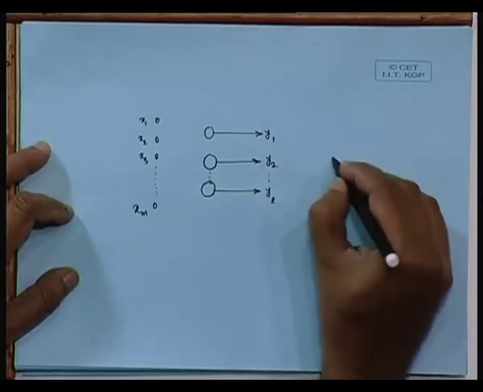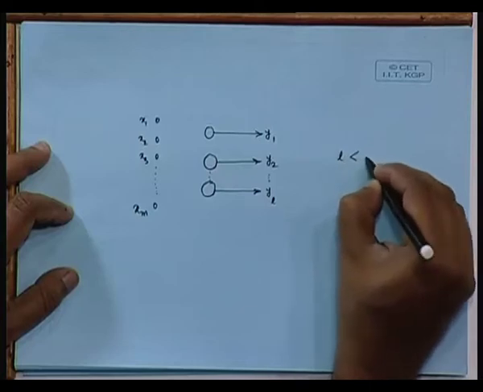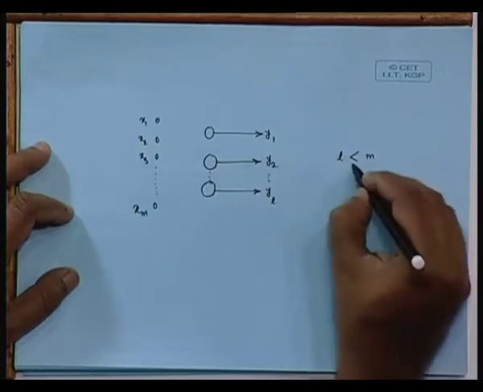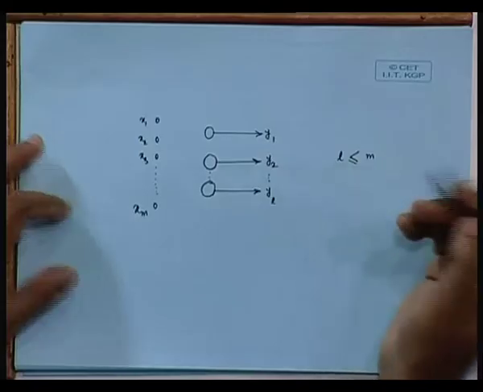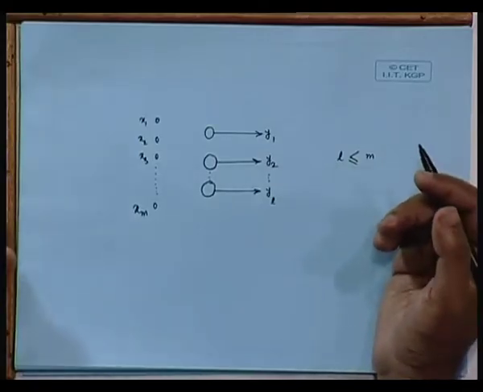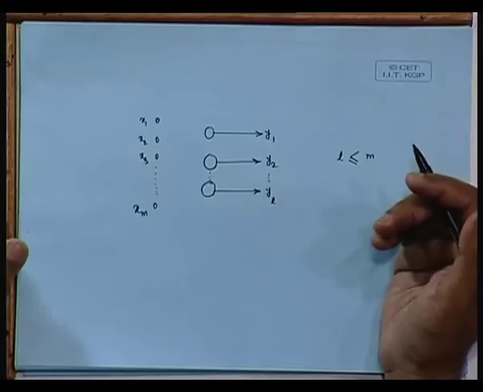L is going to be less than or equal to m, typically less than m only, if we are going in for a data reduction.